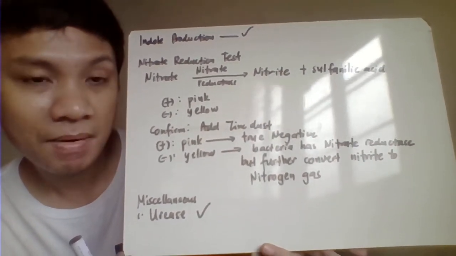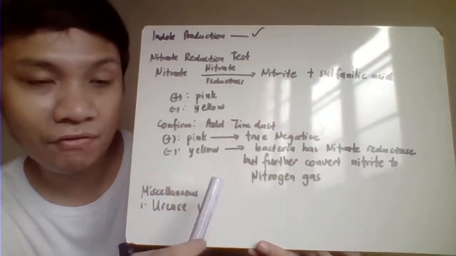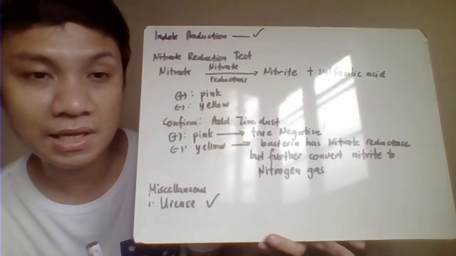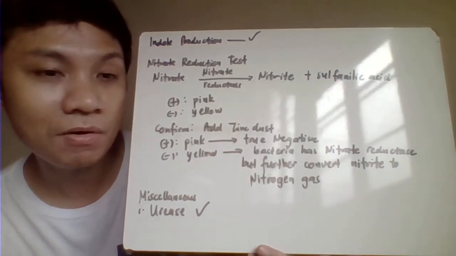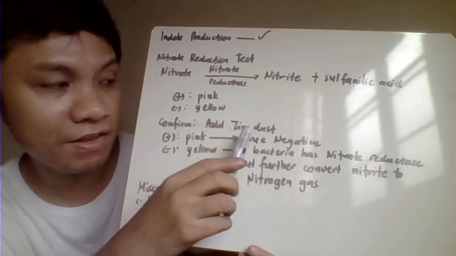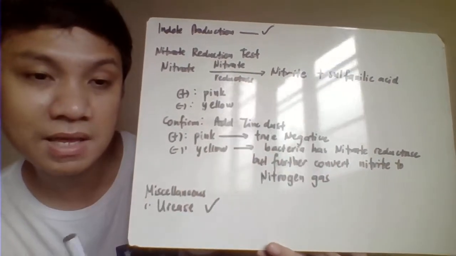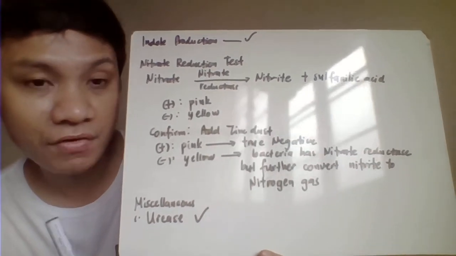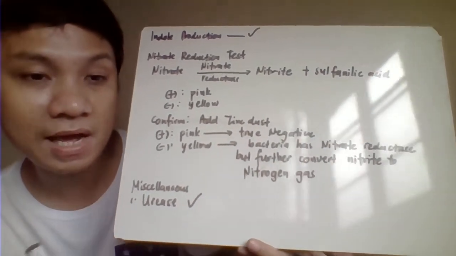However, once it has converted to nitrite, it further converts to nitrogen gas. So whatever you do, it will still be negative even if you add this one because again, this is a bacteria capable of converting it further to your nitrogen gas.